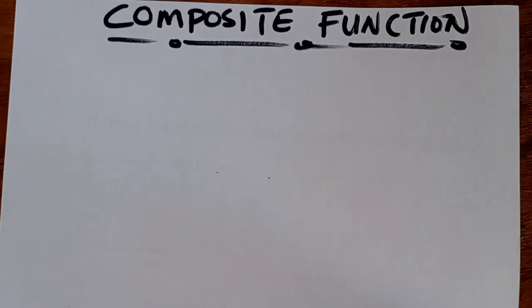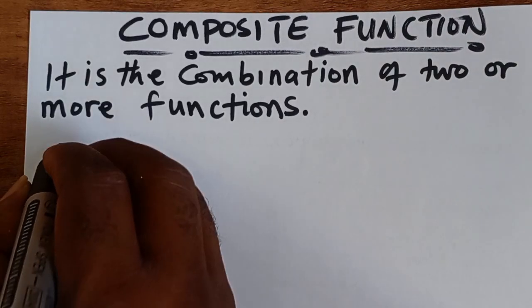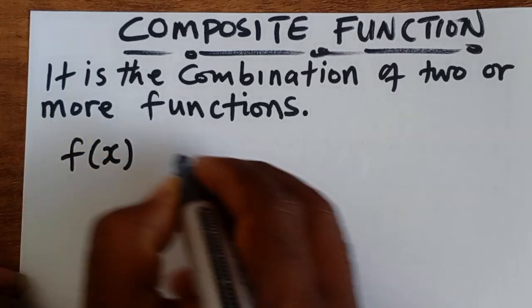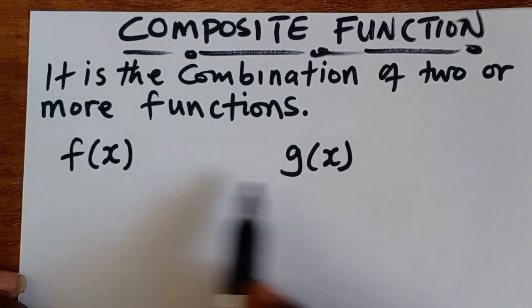Composite function. So when we talk about composite function, what does it mean? Composite function is the combination of two or more functions. That is what we call composite function. You have f of x and g of x. So you've been given two functions.